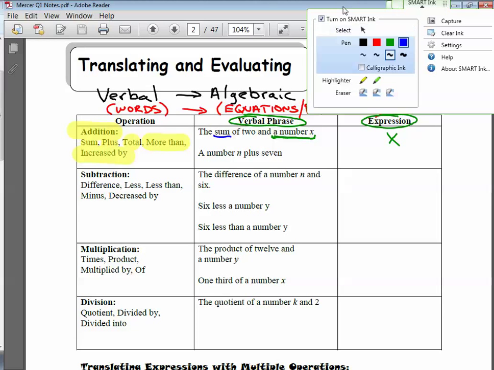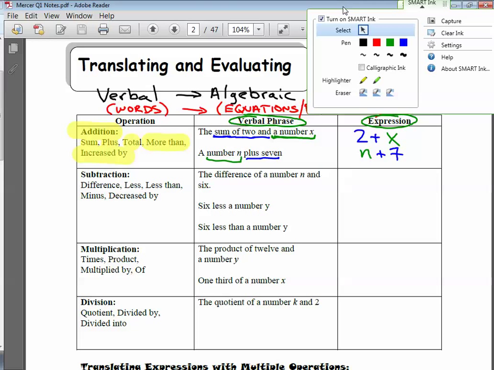Now I have the sum of 2 and a number x. Well, since it's sum, it's going to be addition, and it tells me that I'm going to add 2 and x, and that gives me the sum of 2 and a number x. Down here, a number n plus 7. Well, a number n, that means my variable is going to be n plus 7. Boom.